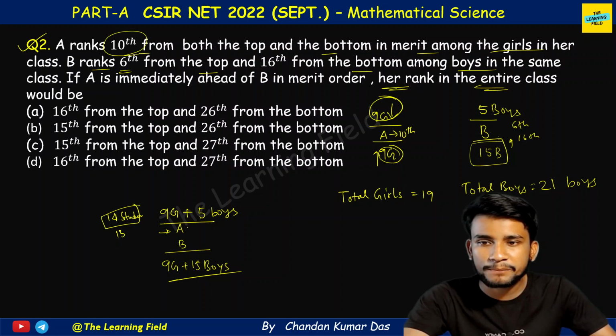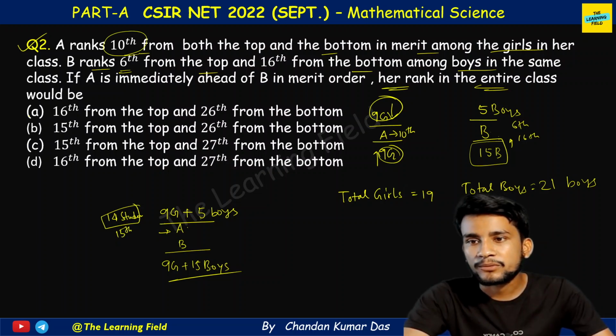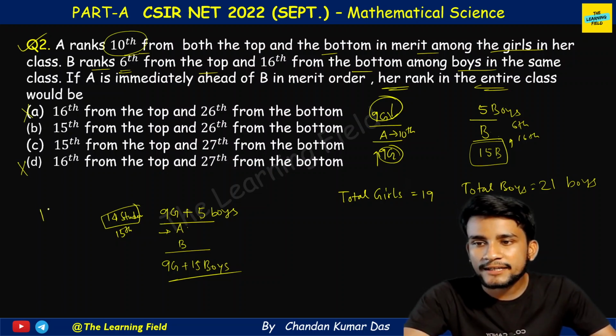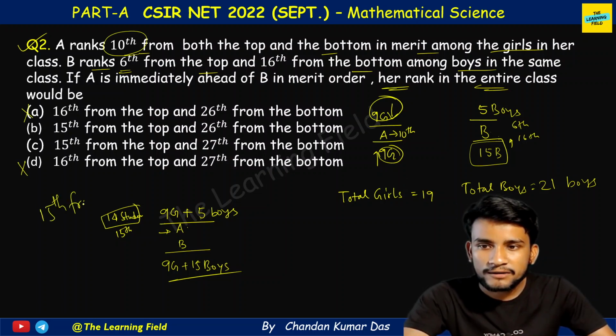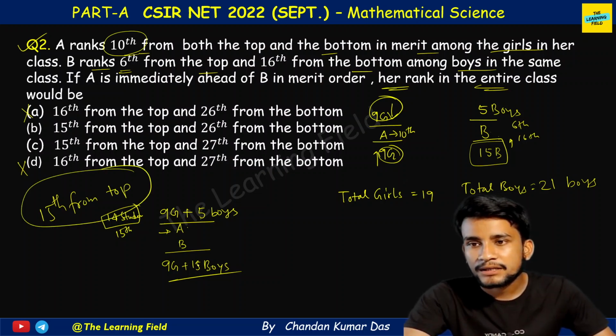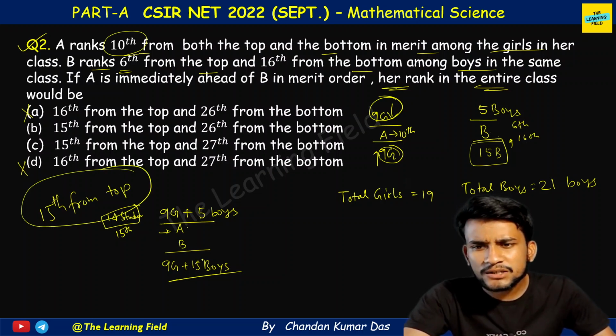So A is the 15th from the top, therefore we can discard option A and option D. And from the bottom, we have already 15 plus 9, that is 24, then B is 25th, and then A is 26th.